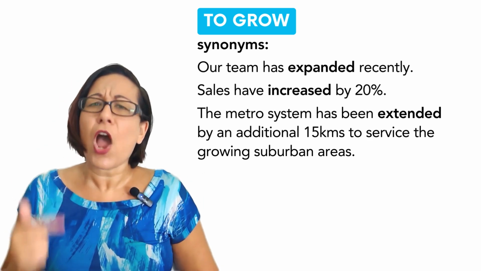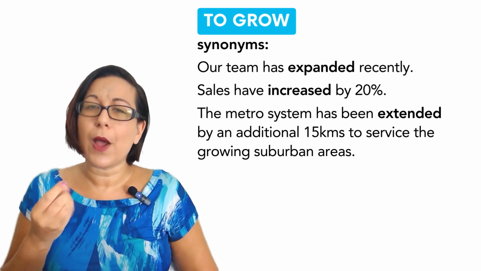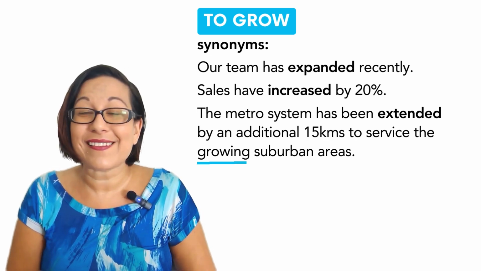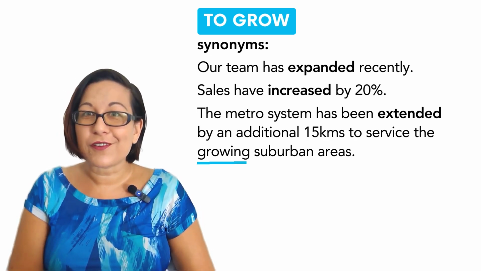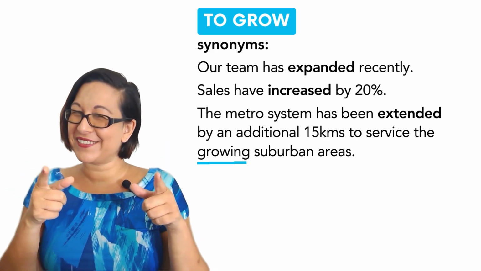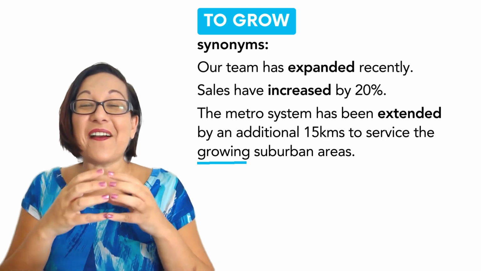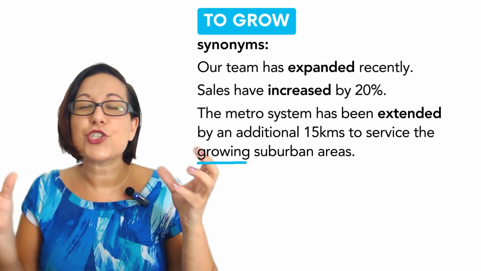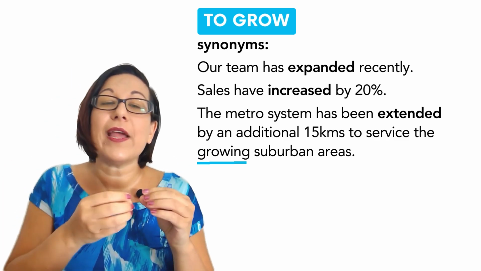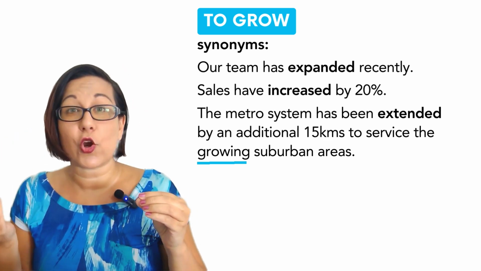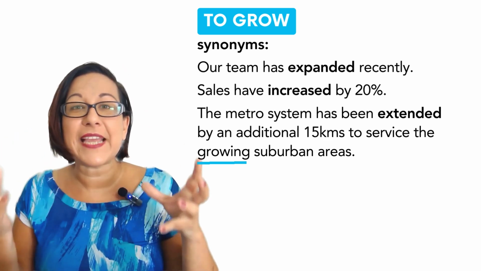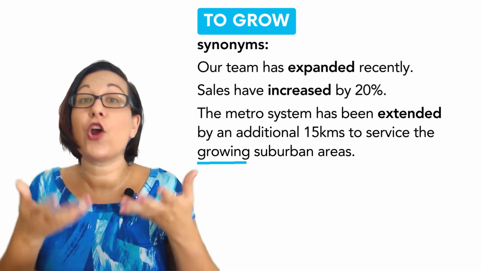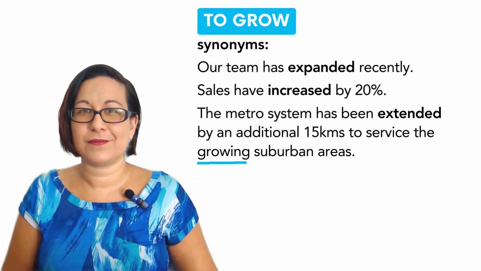But then I decided to keep grow, but I'm actually using this not as a verb. I'm using this as an adjective. We looked at participle adjectives in another video. So it's got this idea that it is happening now, it is in motion, it is temporary, but I am describing these urban areas. They are big areas, they are nice areas, they are safe areas, they are growing areas. Beautiful.